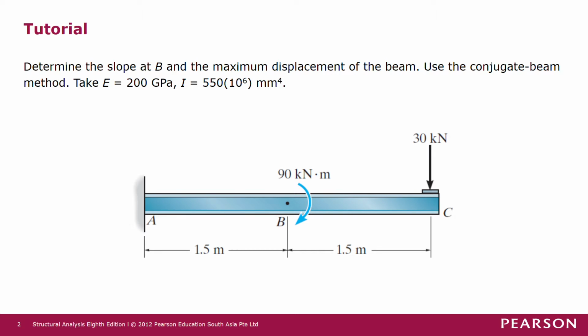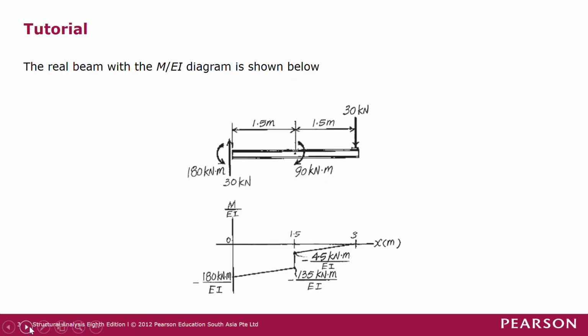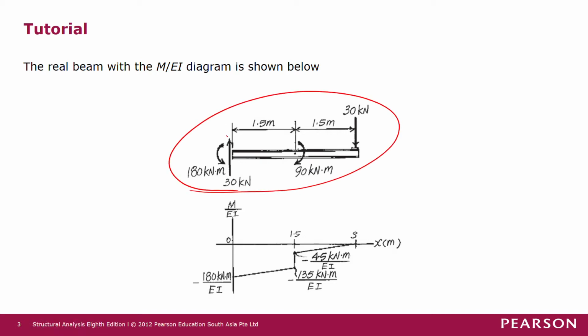So use the conjugate beam method. Take Young's modulus as 200 gigapascal and moment of inertia as 550 times 10 to the power of 6 millimeter to the power of 4. For this beam, first of all, we draw the free body diagram to determine the reactions.